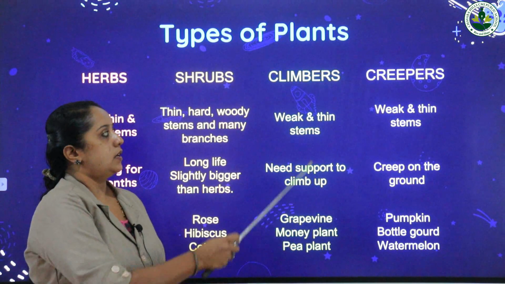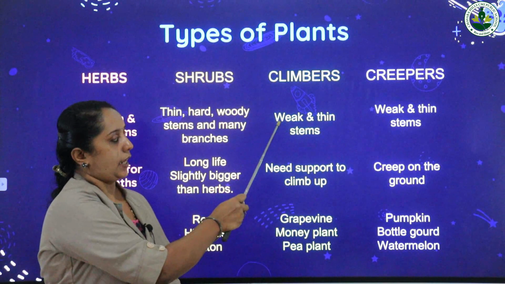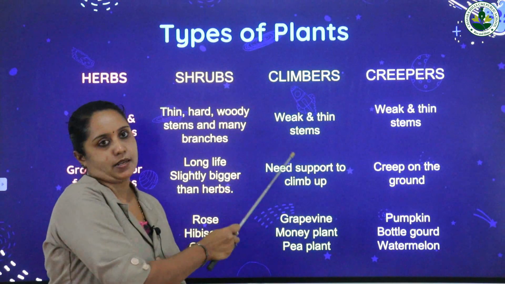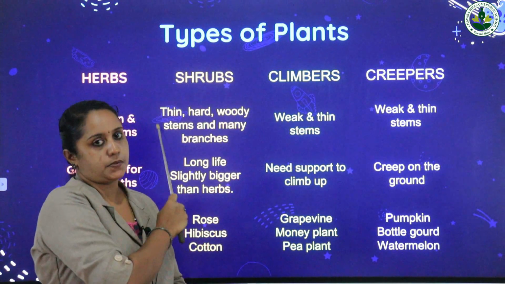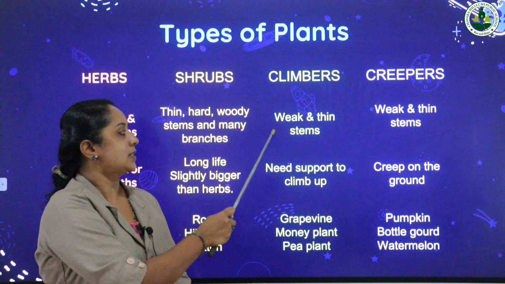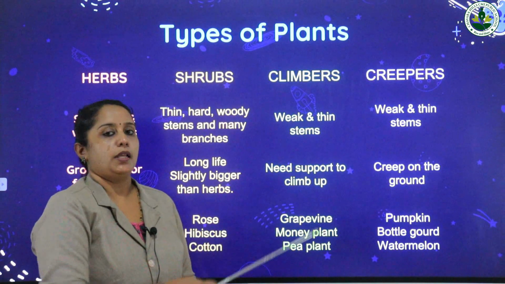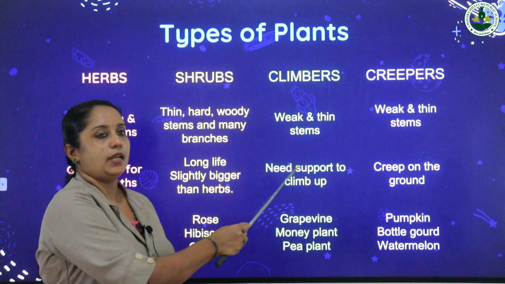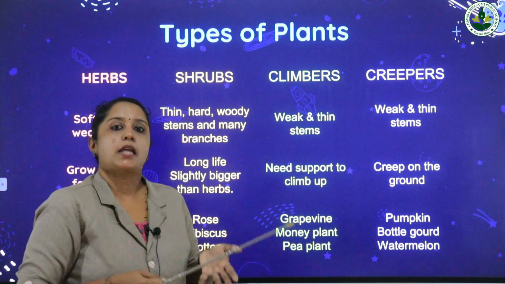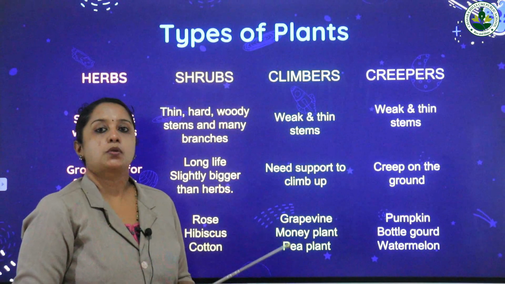Taking the structure of the stem, you can see that they have weak and thin stems. Like herbs and shrubs, climbers also have weak and thin stems, and for getting support only, they climb up. They are not able to stand straight by themselves, so they need support.